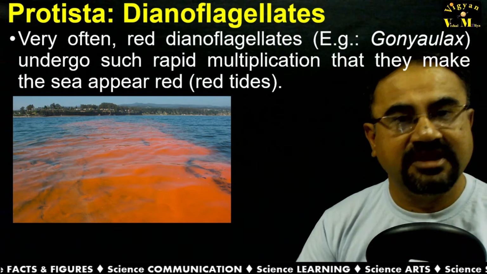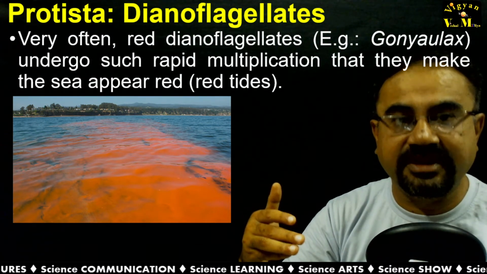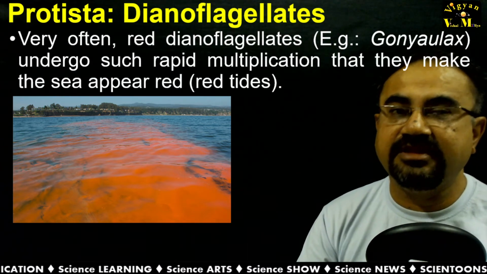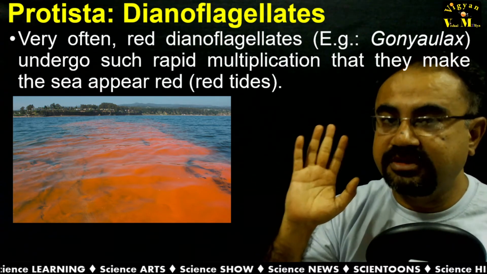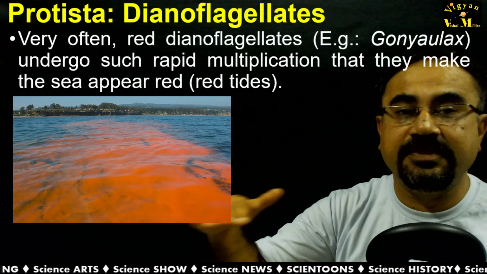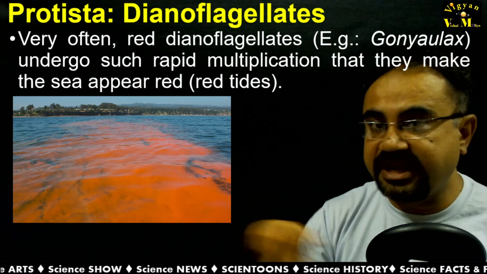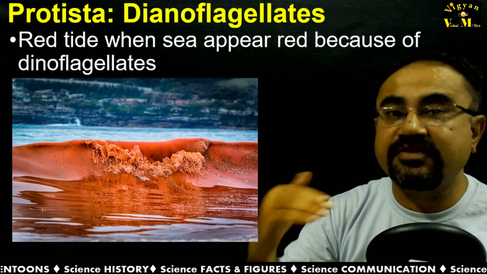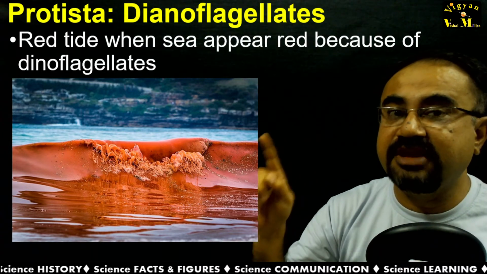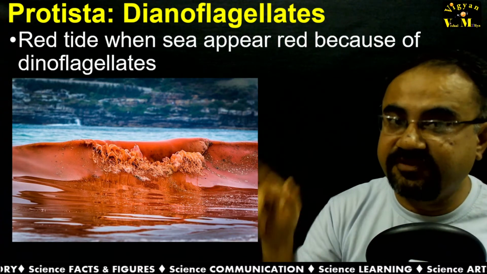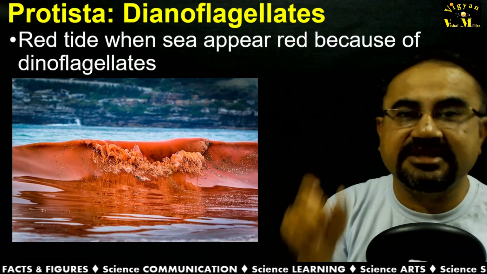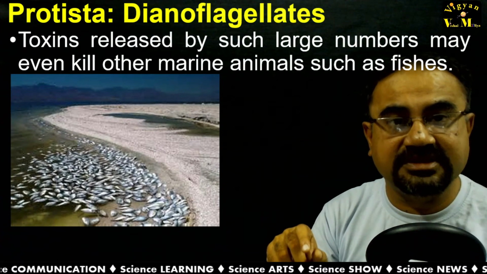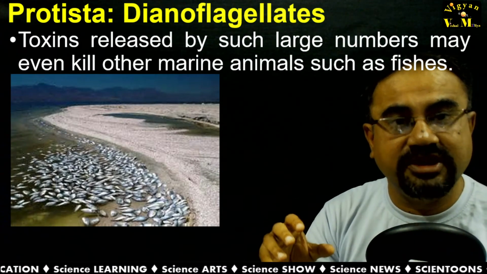Very often these red Dinoflagellates undergo rapid multiplication. A huge amount of multiplication occurs, and that is the reason why the sea appears red. It is not the Red Sea, but a red tide, and this red tide occurs because of Dinoflagellates. The Red Sea is there because of red algae. That is a different thing, don't be confused. Red tide is happening because of Dinoflagellates, and their toxins are harmful to marine animals.